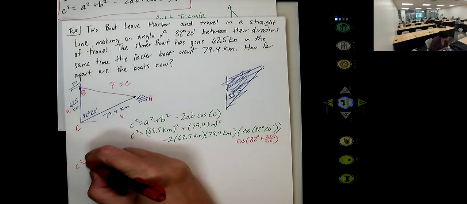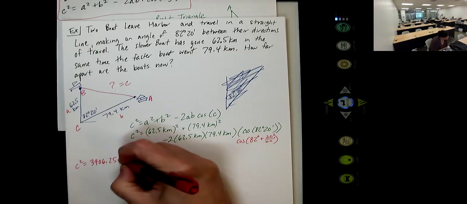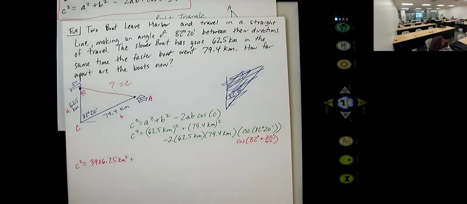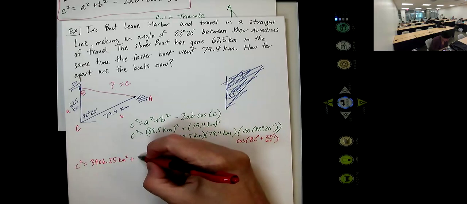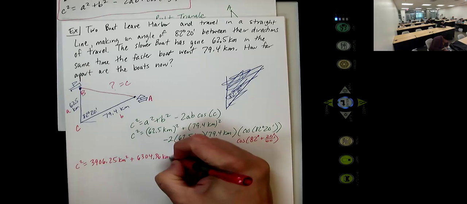The 62.5 squared is 3906.25 kilometers squared. Then I've got plus B squared, 6304.36 kilometers squared.